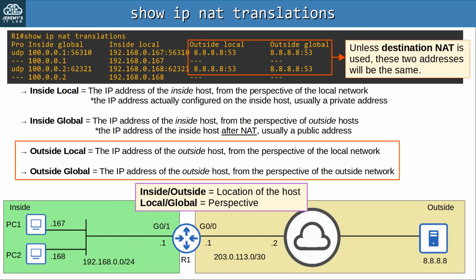Local means from the perspective of the local inside network. Global means from the perspective of the global outside network. So, 192.168.0.167 is PC1's IP address from the perspective of the local network, and 100.0.0.1 is PC1's IP address from the perspective of the global network. If you have any questions about these terms, feel free to ask in the comment section.